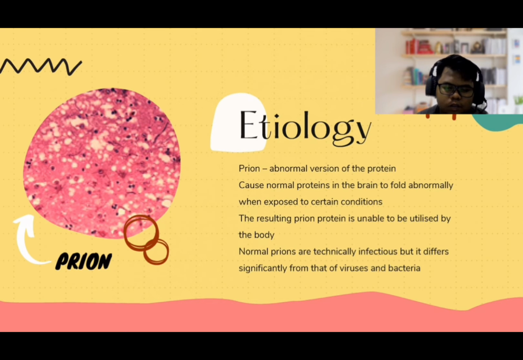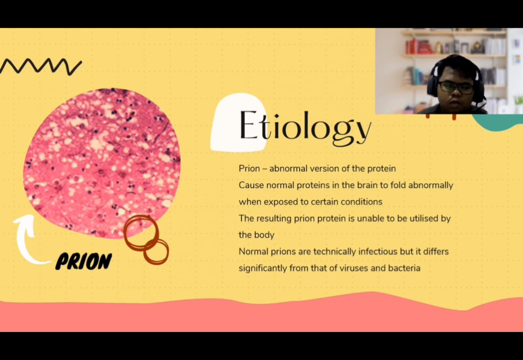CJD, which is transmitted from person to person, is caused by a type of protein that can cause normal proteins in the brain to fold abnormally when exposed to certain conditions.